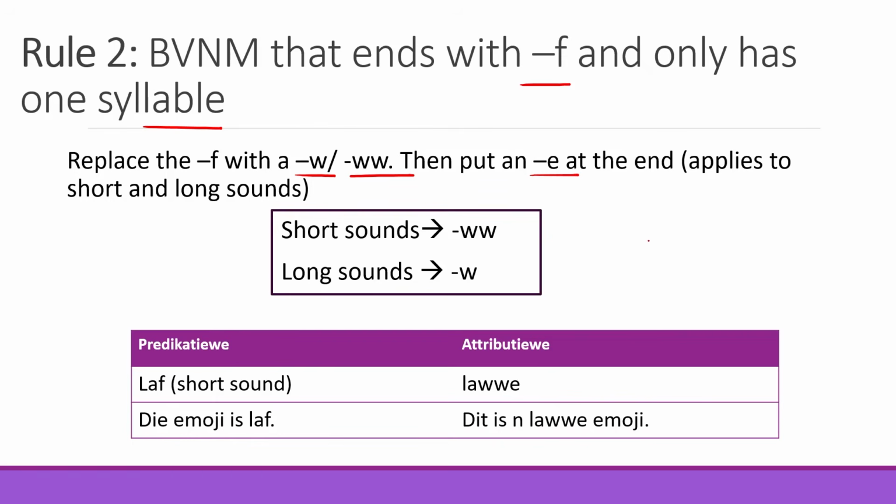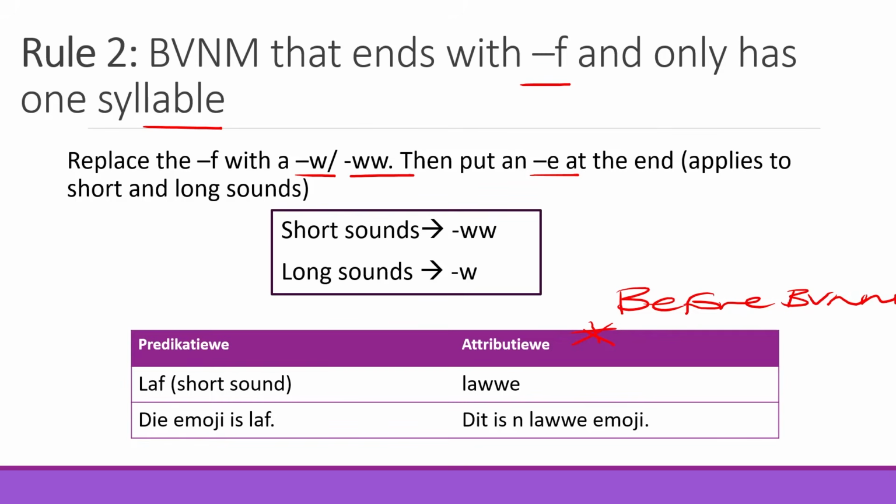And remember, we are trying to change the attributive. That's where the change comes. The attributive, remember, is before the selfstandige naamwoord. We want to put the describing word, the adjective, before the selfstandige naamwoord. There's going to be a change, right?